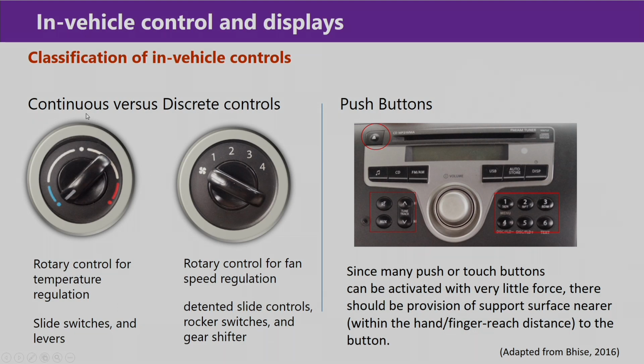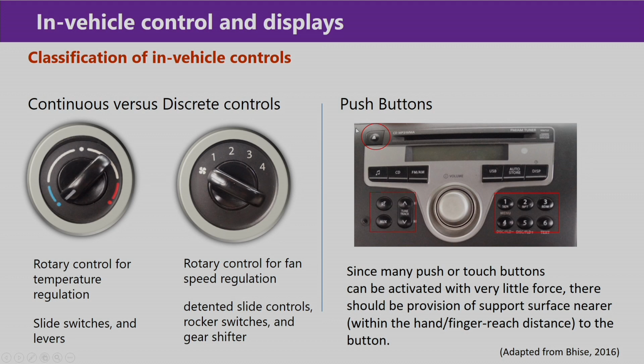Now, apart from these continuous and discrete types of controls, there are different push buttons, and these are available in the central console as well as on the steering wheel. Here are some examples. These are the numbers for dialing or changing different settings. All these are push buttons.